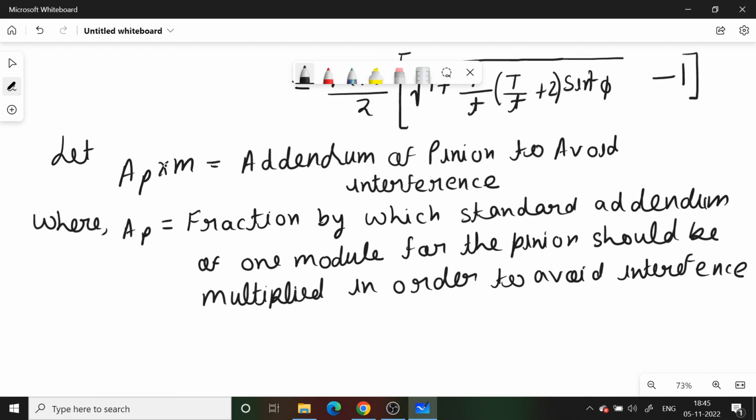So the addendum of pinion will be equal to AP into M.